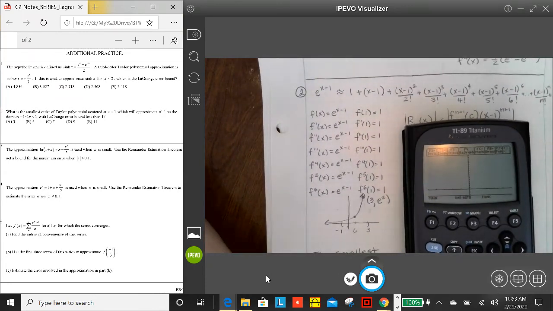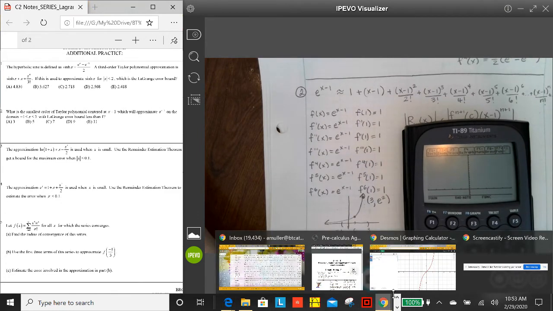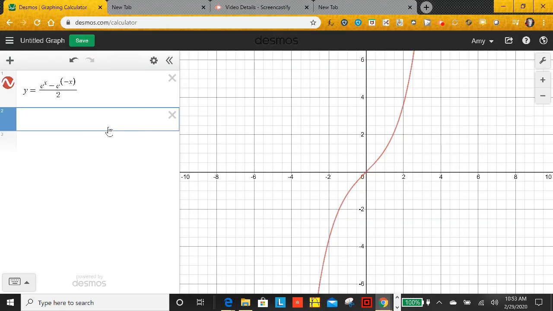But maybe Desmos will let us graph it. So let's play and see if Desmos will let us graph it. So let's say we have y equals, what did we say our function was?